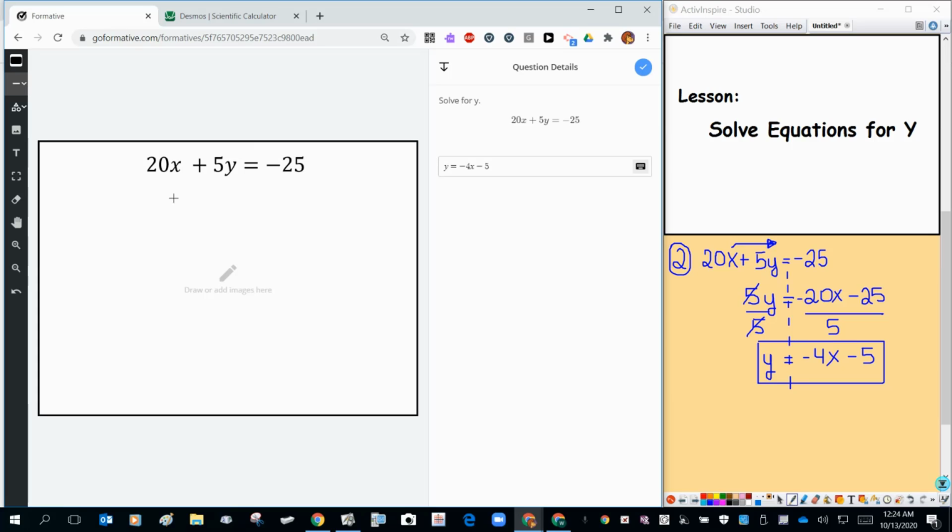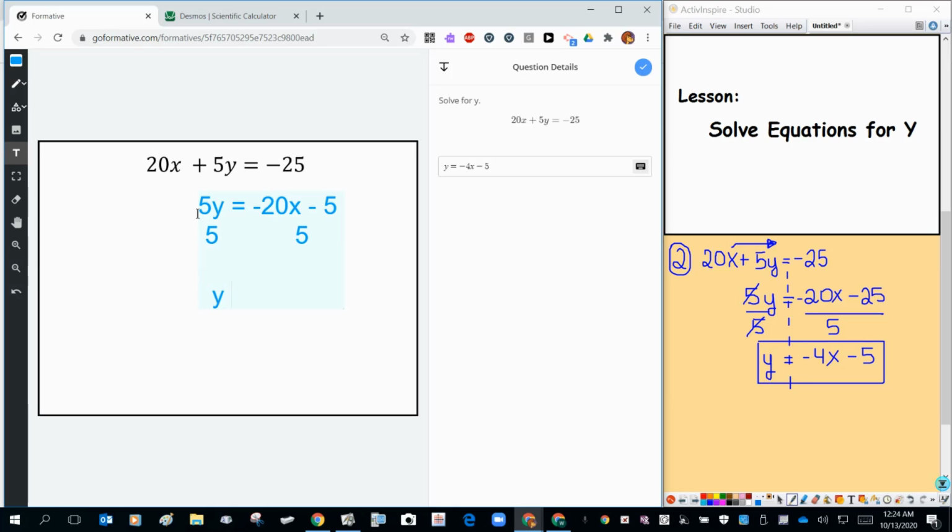So let's go ahead and type, and let me change the color to probably blue. Okay, so then we have 5y equals, write the 5 underneath here.